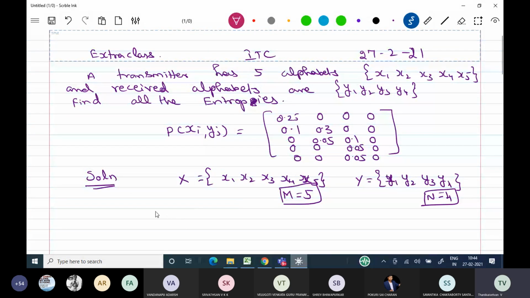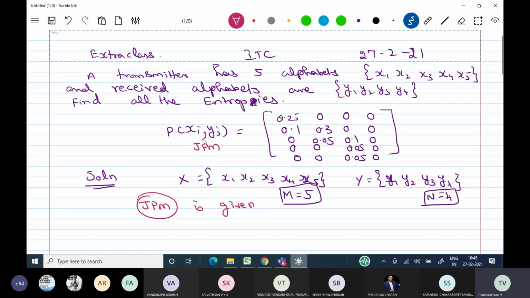Now here JPM is given. Suppose this is not given, you add all the values which are available in the matrix. JPM is given because probability of xi comma yj is nothing but the joint probability matrix.